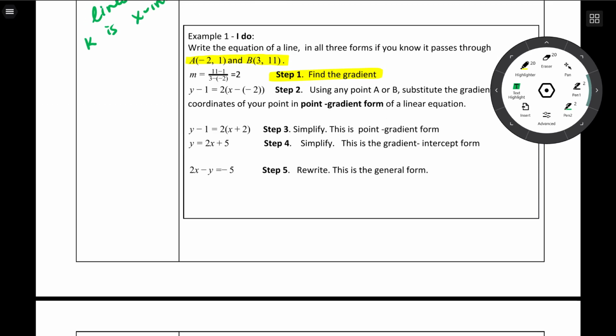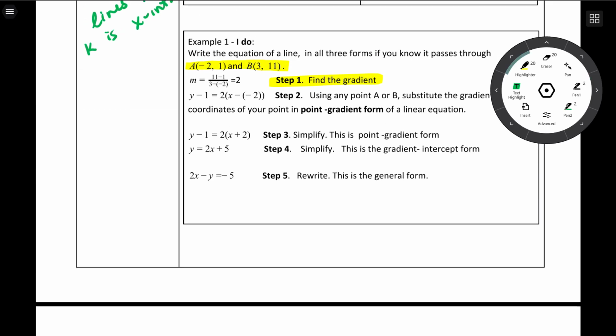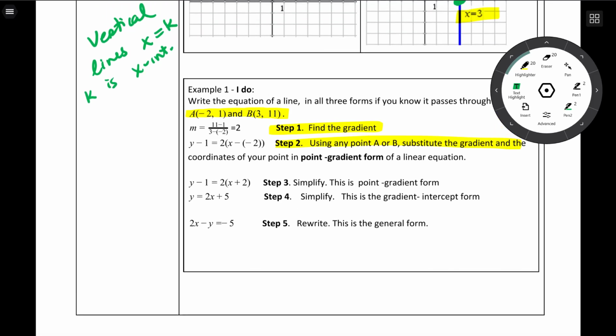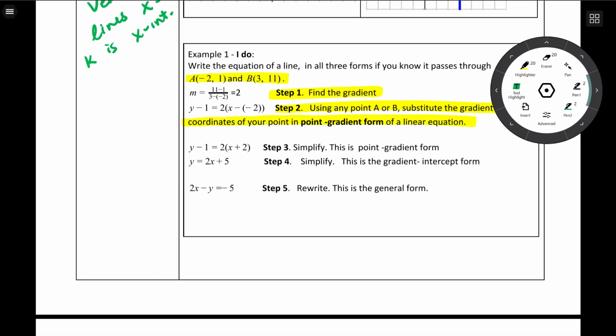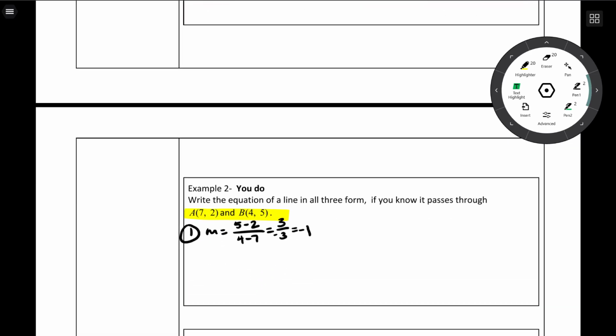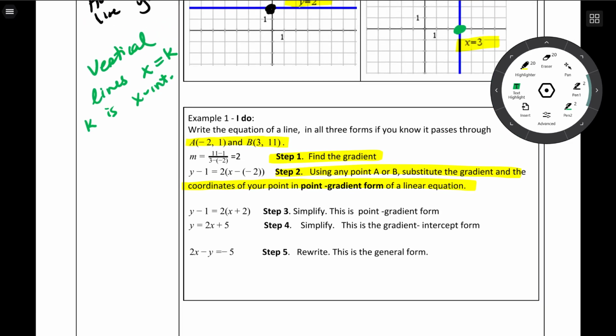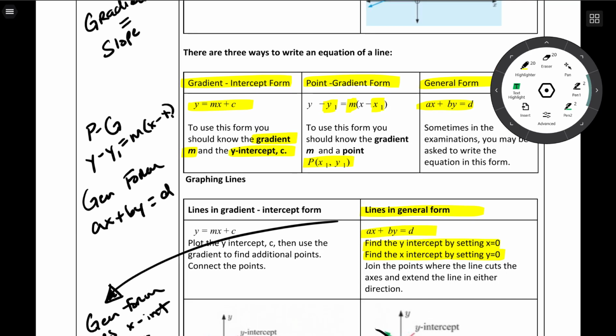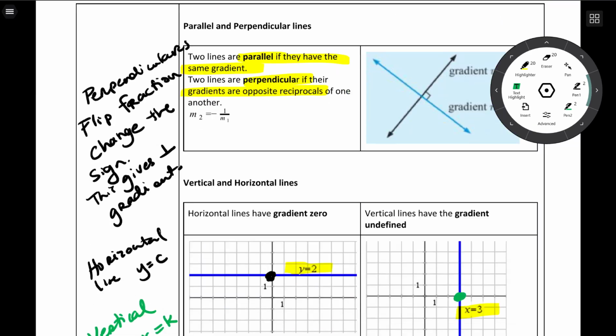What's step 2? Step 2 says, using any point, A or B, substitute the gradient and the coordinates of your point into point gradient form for a linear equation. Okay? So I'm going to use this one, and I need to remember what point gradient form is. I'm going to have to scroll back up to the top because I don't remember point gradient form off the top of my head. And scrolling through, there it is. y minus y1 equals m times x minus x1.